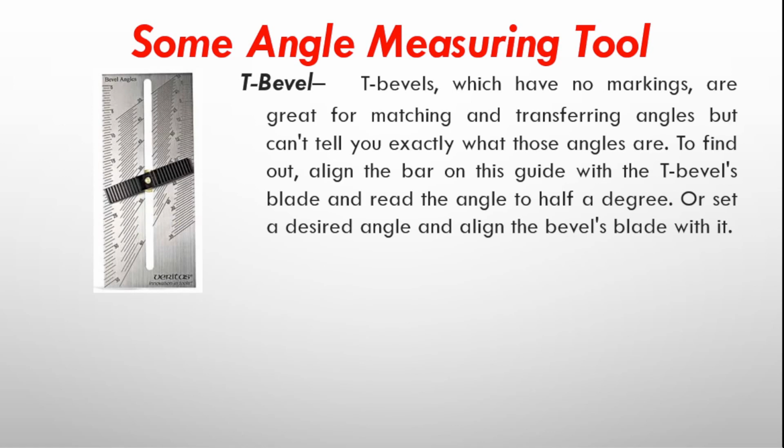Next we have the T-bevel. T-bevels, which have no markings, are great for matching and transferring angles, but can't tell you exactly what those angles are. To find out, align the bar on this guide with the T-bevel's blade and read the angle to the half a degree. Or set a desired angle and align the bevel's blade with it.